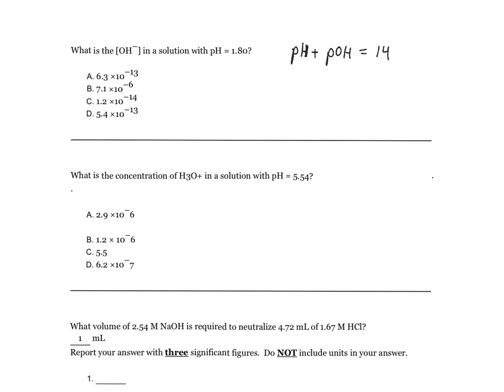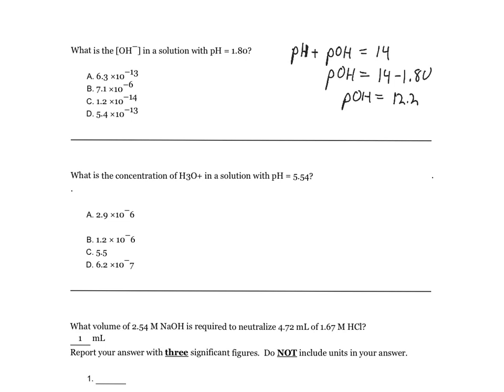So you can do that math. The pOH is going to be equal to 14 minus 1.80. 12.2 is the pOH.